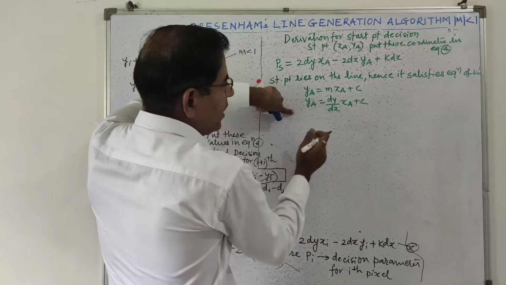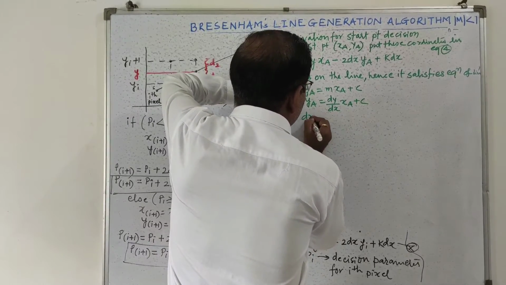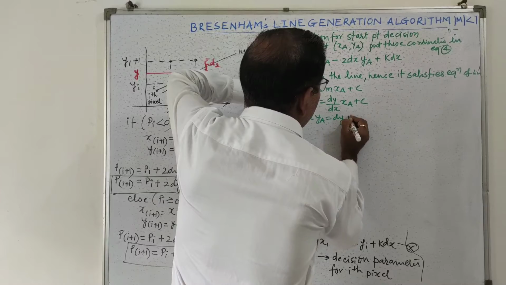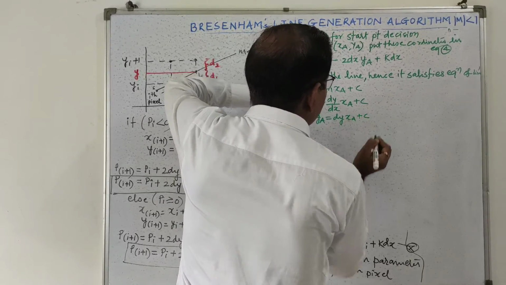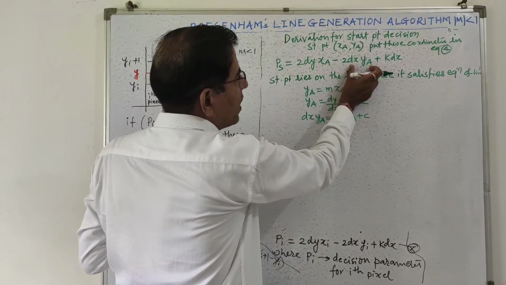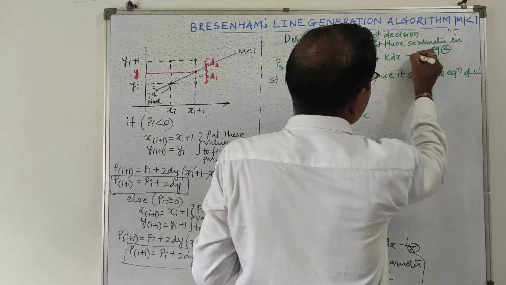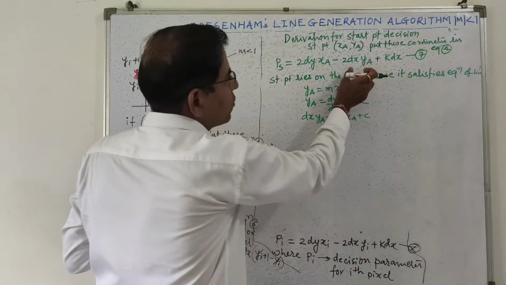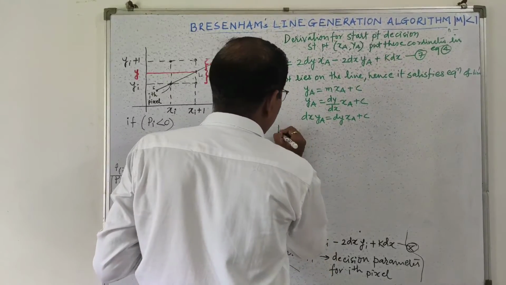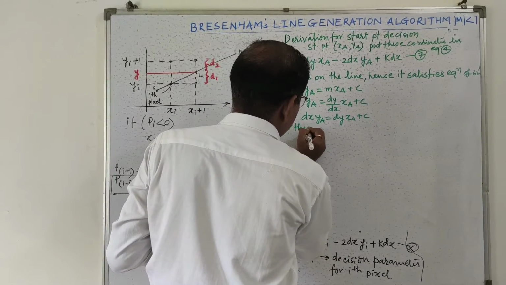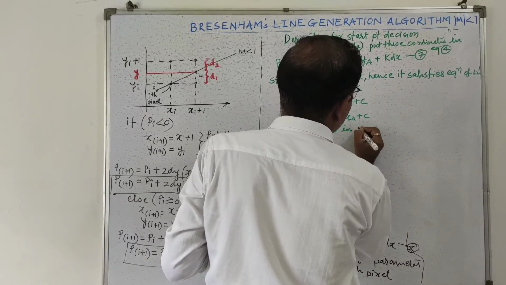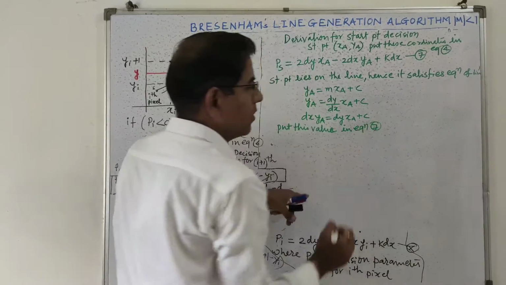Multiply both sides by dx, so dx into ya is equal to dy into xa plus c dx. Now replace this dx ya term with this term in equation 7.